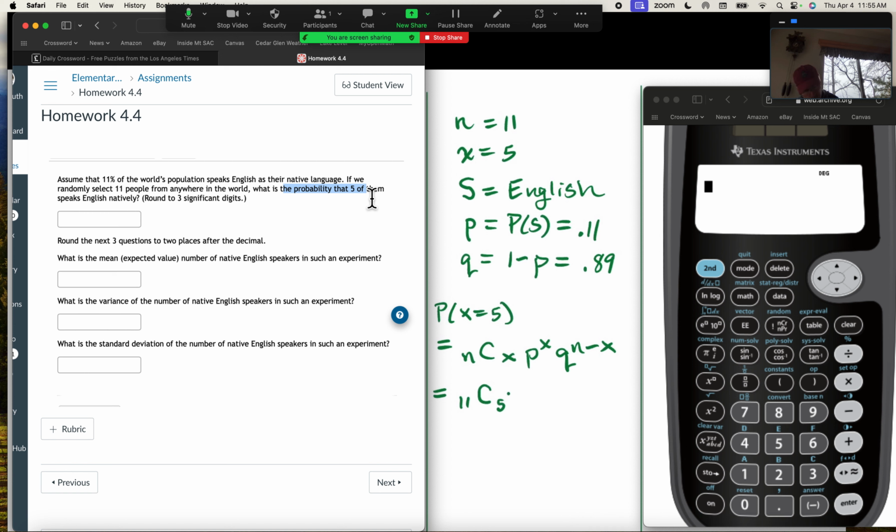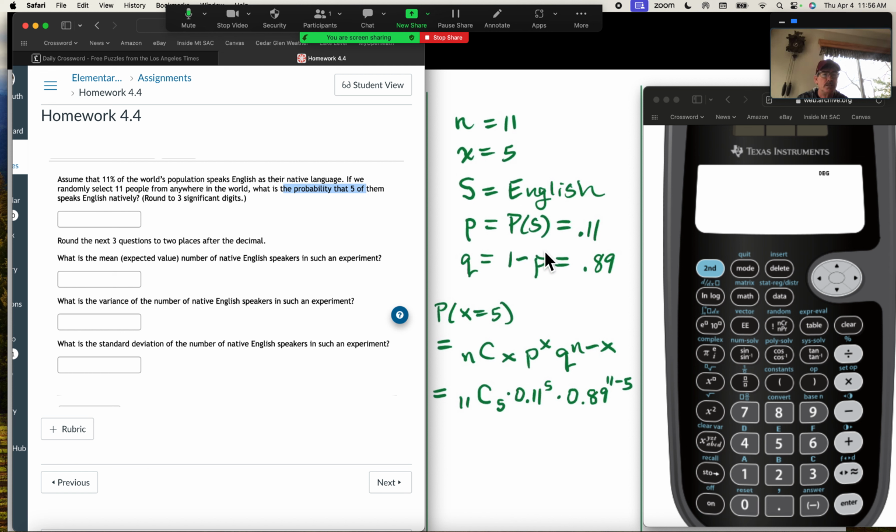P is 0.11, so 0.11 to the x, that'll be the 5th. And Q is 0.89, so 0.89 to the 11 minus 5, like that. And I think I can do this on the calculator now.